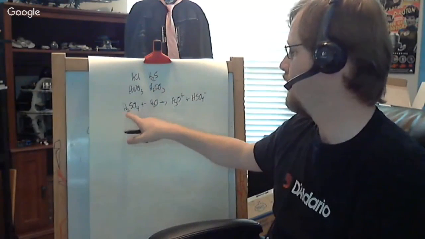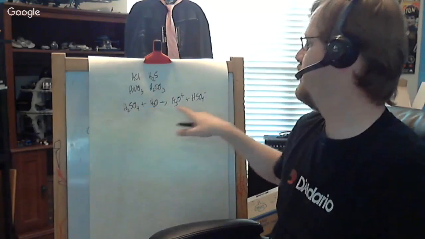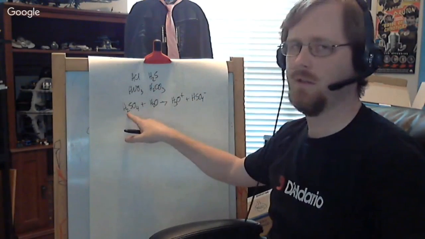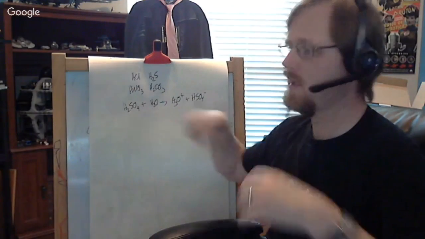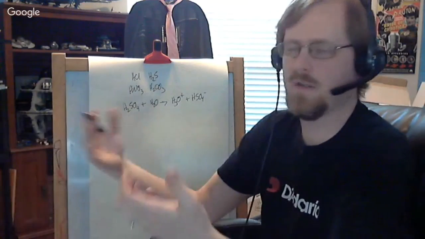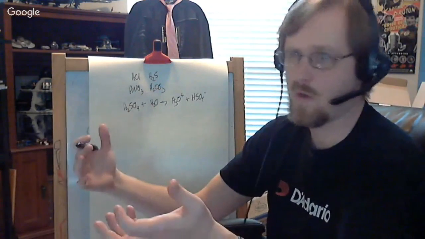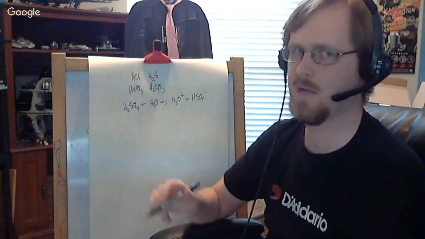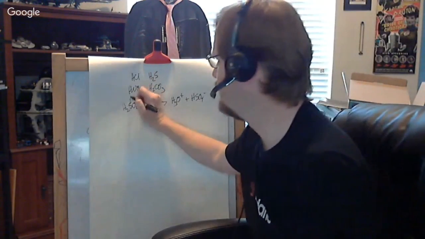Okay, watch. H2SO4 becomes HSO4. This is losing a hydrogen. It is donating that hydrogen. It is giving up that hydrogen, however it is that you want to define or describe it. It's going from 2 down to 1. It's lost that hydrogen. That means this is the acid.